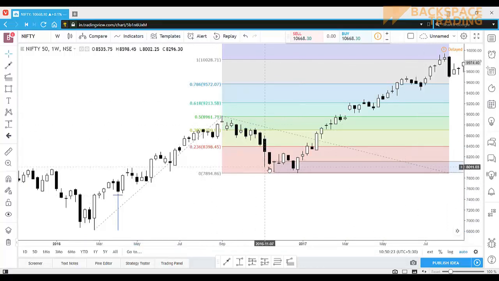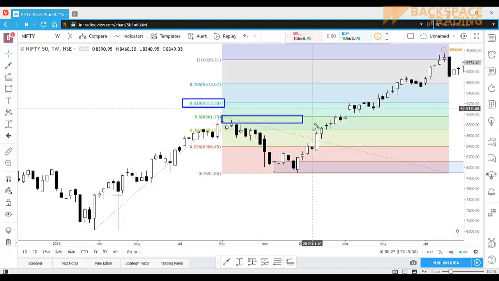From here you can expect anywhere from 61% move, because for an uptrend to continue you need to break this high, right? So the nearest uptrend can happen is 61%, which is right above this candle high.